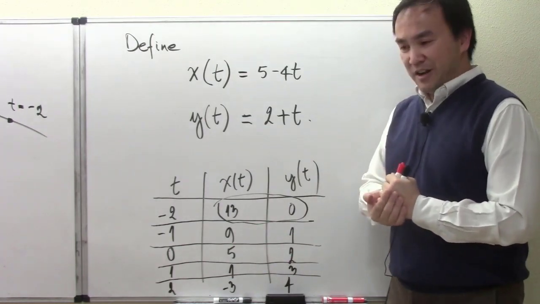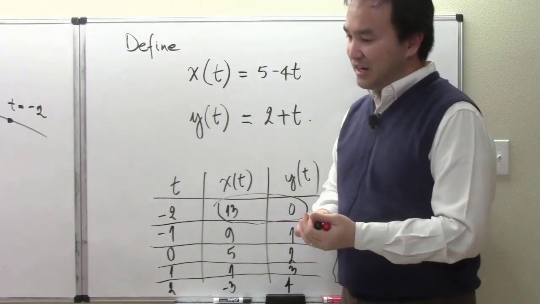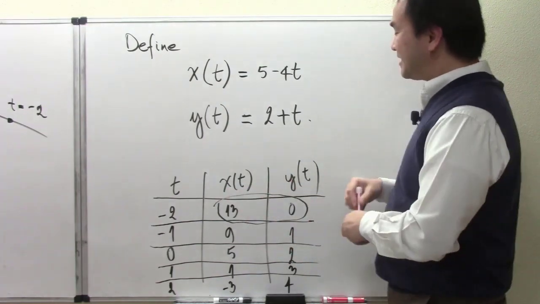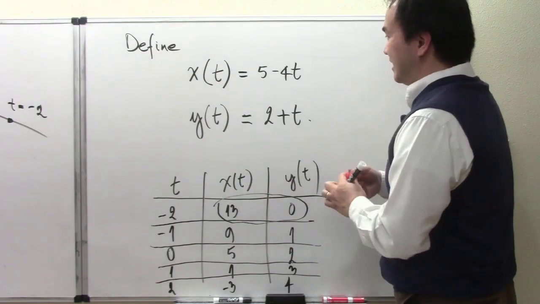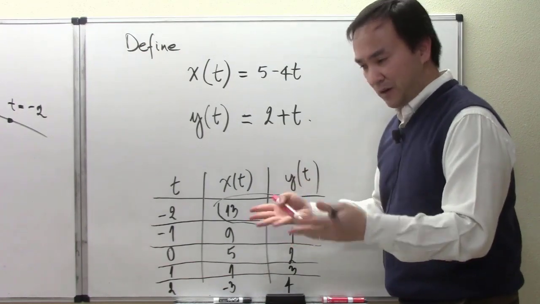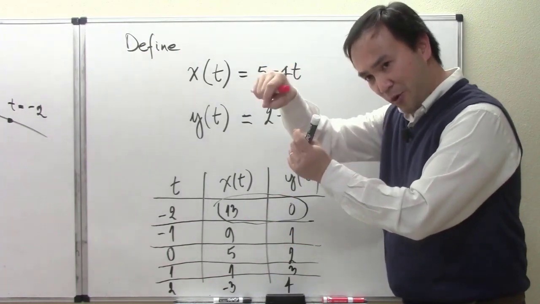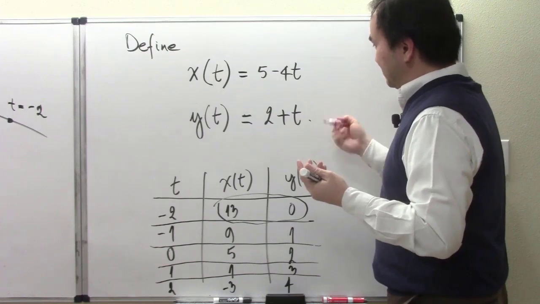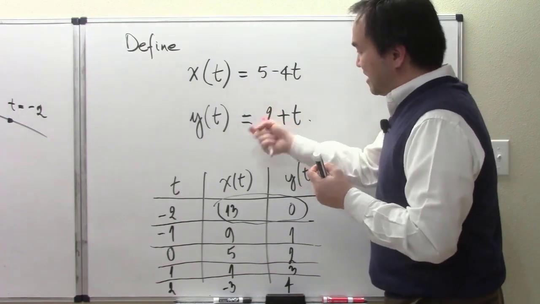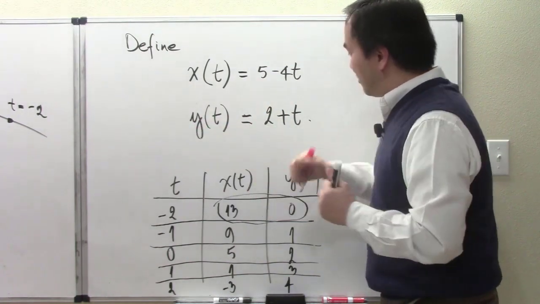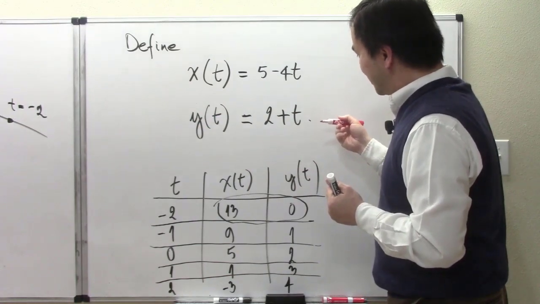So back to these two right here, x is the x value of the position of the point at any parameter t, and y is also the y value of your position.